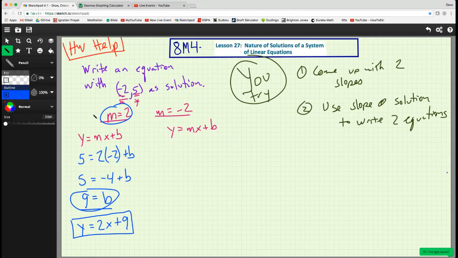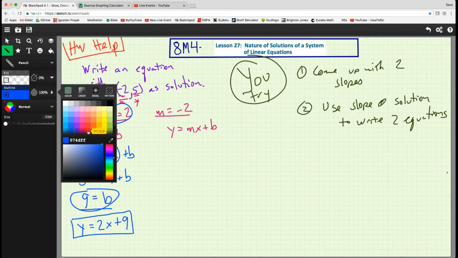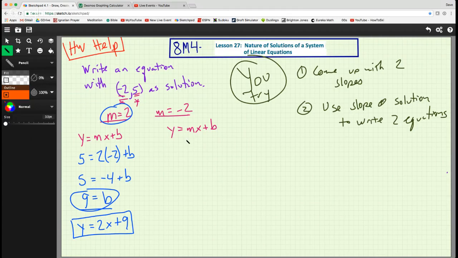On our right side, represented by the orange color. Y equals, oh, we know what y is. 5 equals -2 times x, which is -2, plus b. 5 equals 4 plus b.